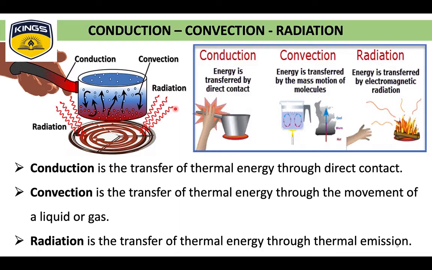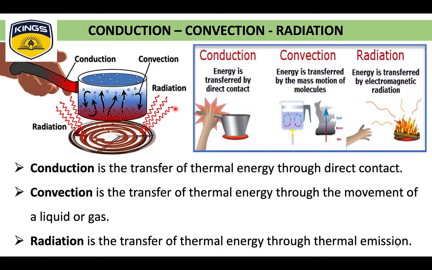If we need the definitions, conduction is the transfer of thermal heat through direct contact, like heating a rod at one end. Next, convection is the transfer of thermal energy through the movement of a liquid or gas, for example boiling water.